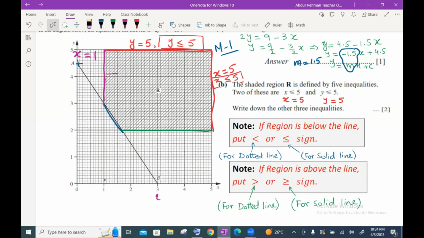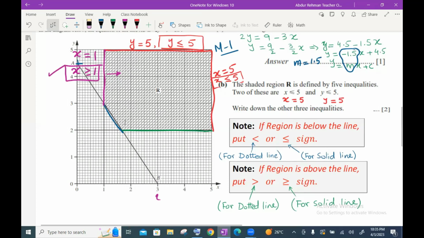The region is on the right side, where values of x will be increasing. Are you observing? This is 2, this is 3, 4 and 5. Values of x are going to increase here. So replace the equal sign with greater than or equal to 1. This is the first inequality.